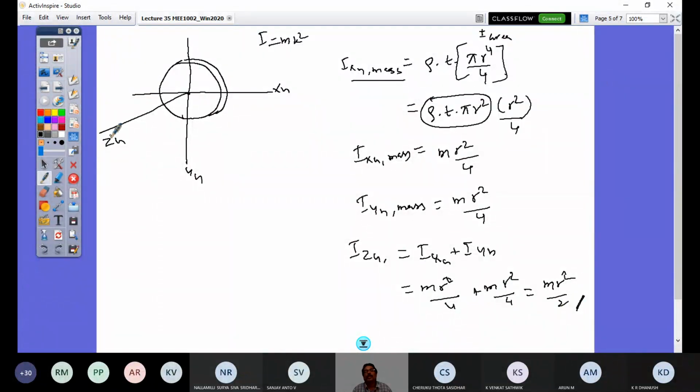When I add them, I get mr squared by 2, which is about an axis perpendicular to the circular disk.